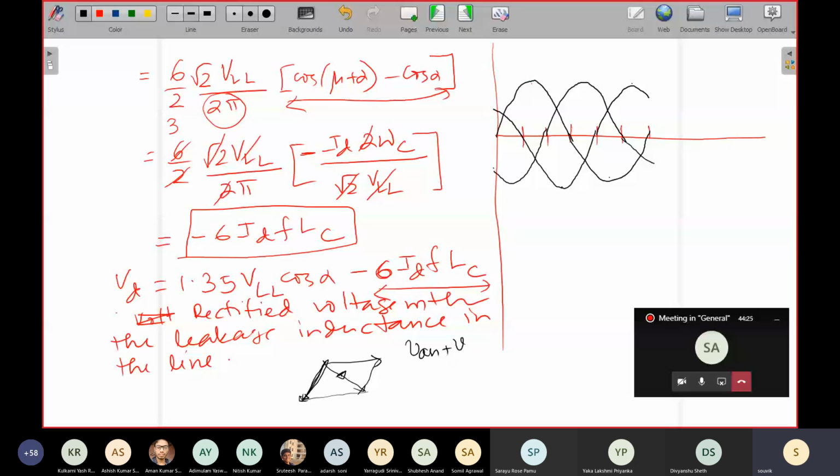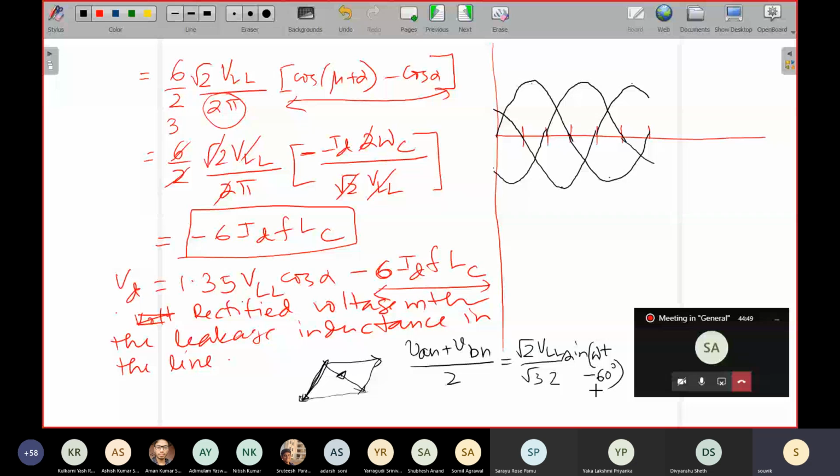VAN plus VBN by 2 is, magnitude wise, root 2 VLL by root 3, with another 2 in division, into sine of omega t minus 60 degree.